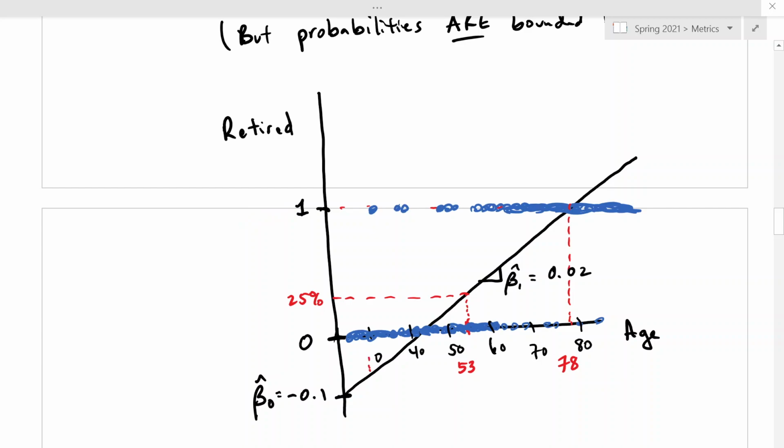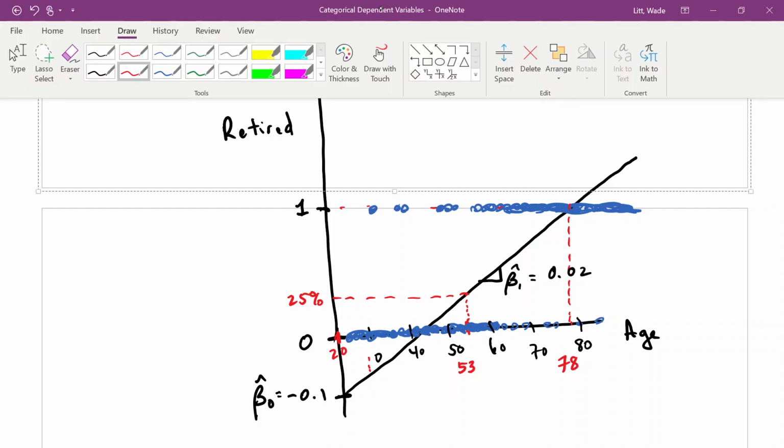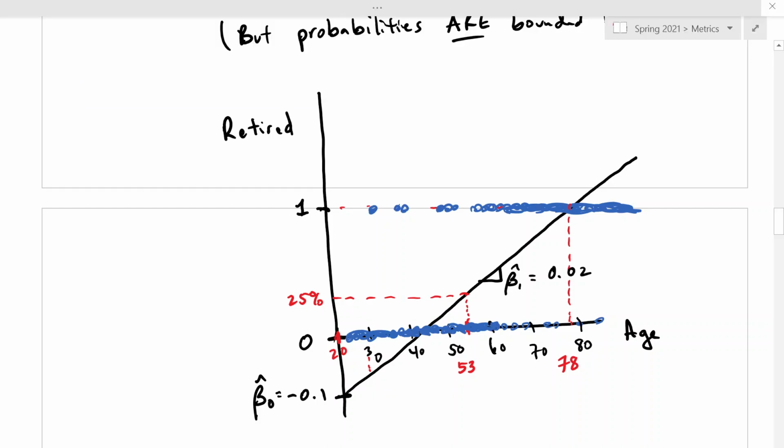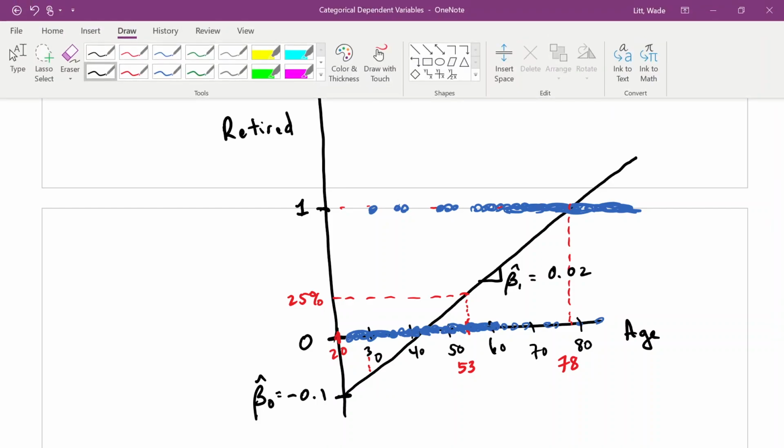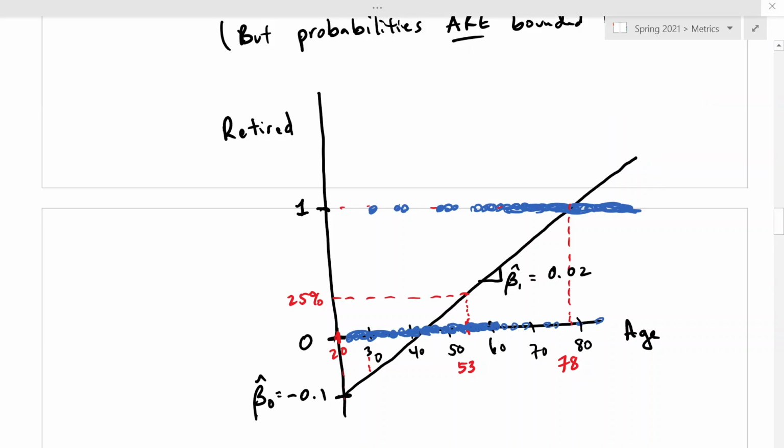no, let's say whatever this number is here, let's say that that's 20 years old. If you're 20 years old and you're down here at the intercept, your probability of retirement is negative 10%.